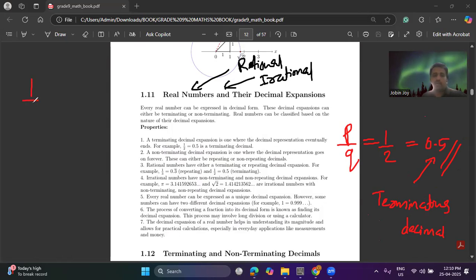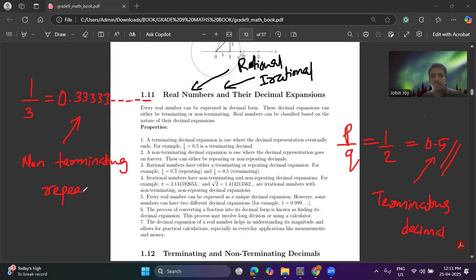Another example, I'm writing 1 by 3. What is 1 by 3? When you divide 1 divided by 3, you will get 0.3333 like that, etc. Now, this is what is called a non-terminating, but this is repeating, because here this 3 is repeating, right?